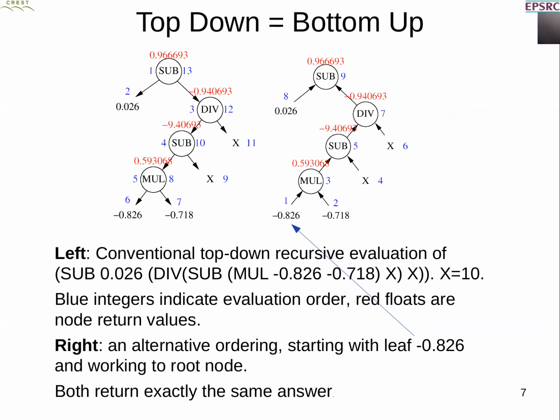And that in turn depends on the multiply, number 5. So you can see we have to go through recursive calls in order to return a value up to our subtraction node, at which point it can perform its operation and it actually calculates the value 0.966693.